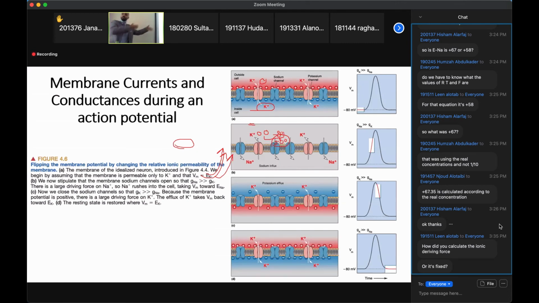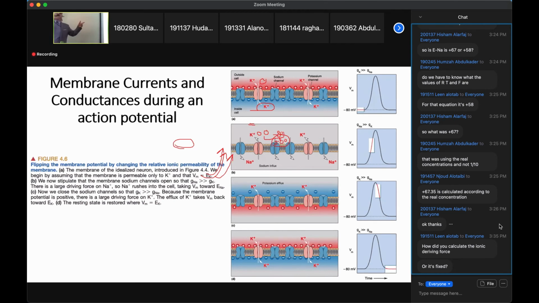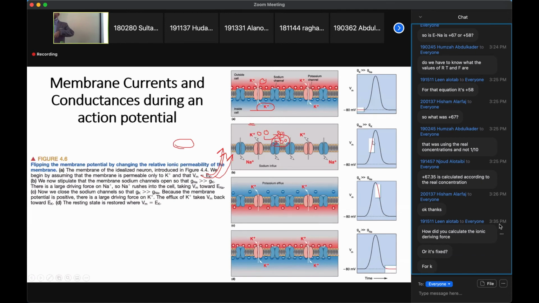And so this is why there is a huge inward movement of sodium to the inside, okay? And so this is how the membrane will depolarize, okay? Repolarization is by higher conductance for potassium, as we will see, okay?